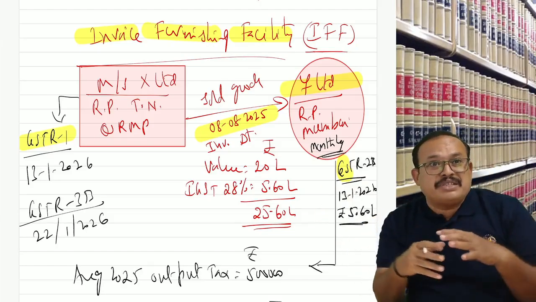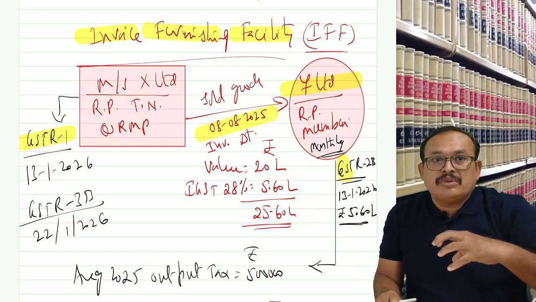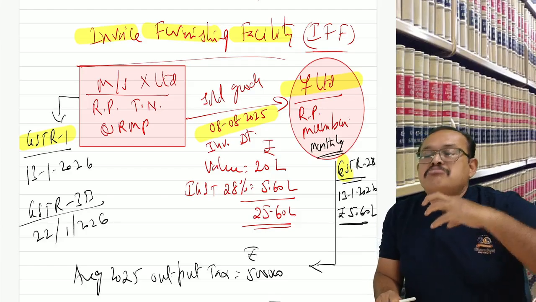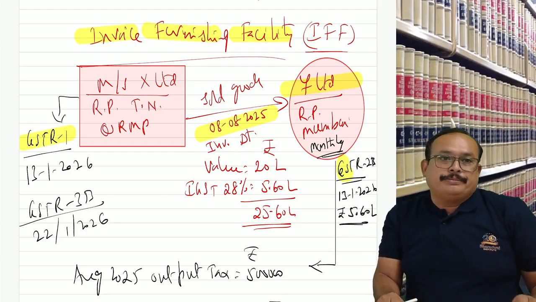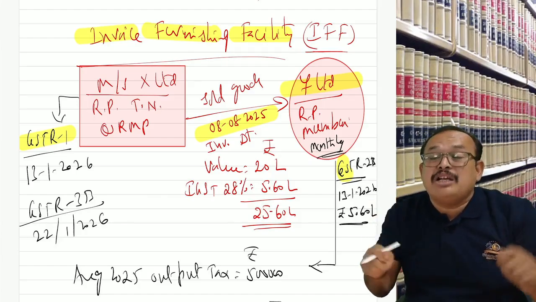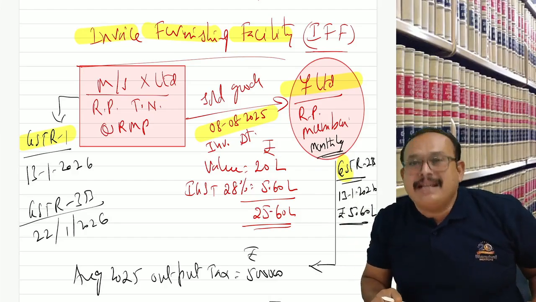Through the IFF facility, invoices worth a maximum of 50 lakhs in a month can be uploaded, 50 lakhs of rupees value worth of invoices. Now, the invoice here is 20 lakhs.